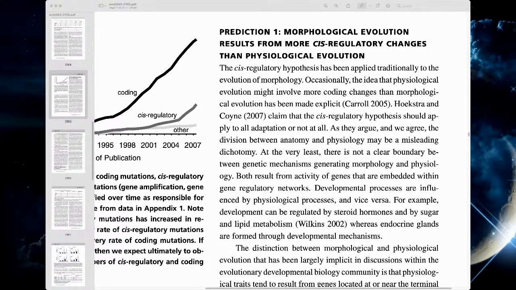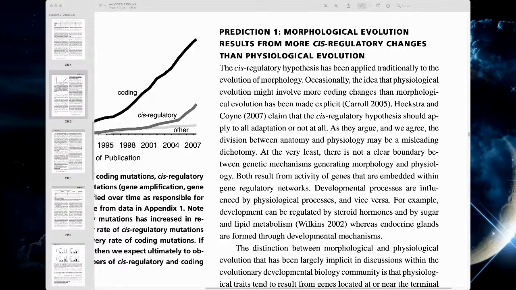Hoekstra and Coyne claim that the cis-regulatory hypothesis should apply to all adaptation or not at all. As they argue, and we agree, the division between anatomy and physiology may be a misleading dichotomy. At the very least, there is not a clear boundary between genetic mechanisms generating morphology and physiology. Both result from activities of genes that are embedded within regulatory networks.